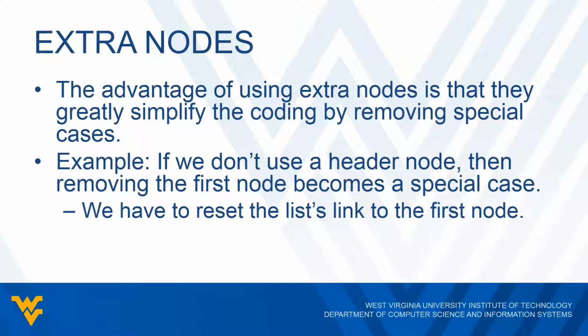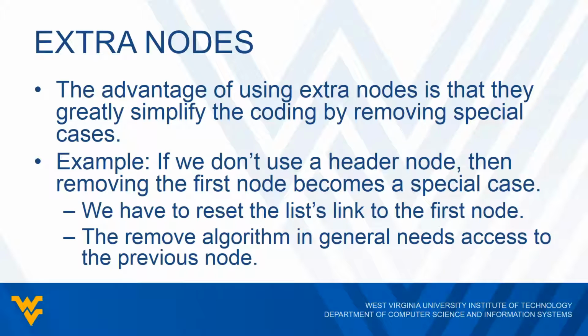If we had the header node there, the list's first link would always point to that header node. But since it's not there, we're going to have to change that every single time. And likewise, if we're going to remove that first node in our list, we have to have access to the previous node. So without it, we're going to have to do something special. But if we had this header node in there, we can just refer to that header node in order to make the changes.